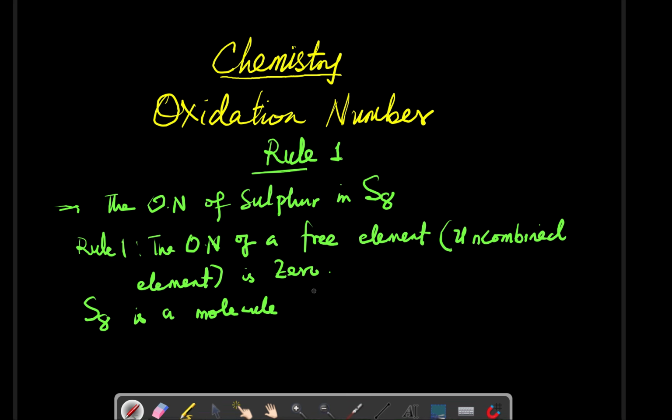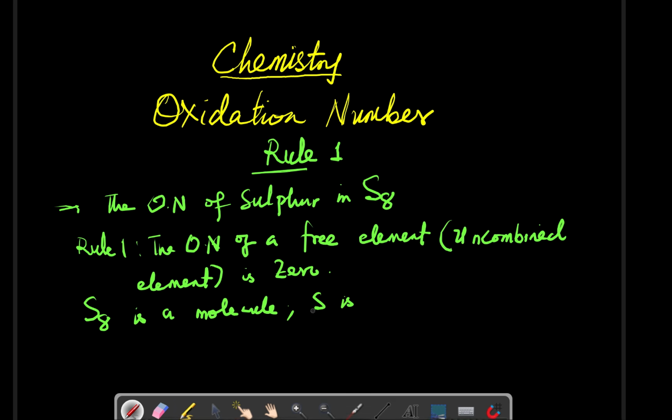So it is just like S plus S plus S plus S plus S up to 8 times. So it is no longer an atom, it has become a molecule. Even if it is only 2 S added together to give you S sub 2. Do you understand the point now? So now S sub 8, I say it is a molecule. And S, ordinary S like this, is a free element.